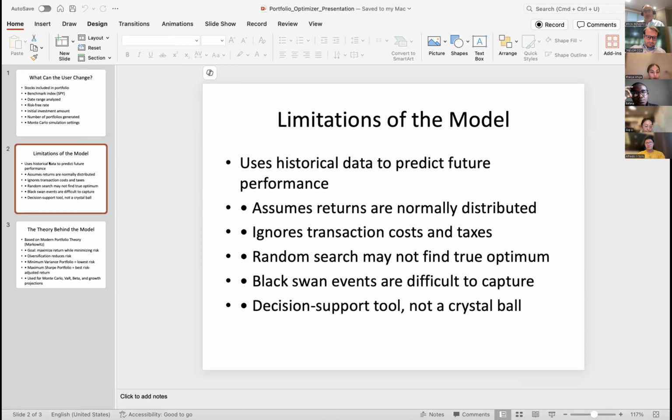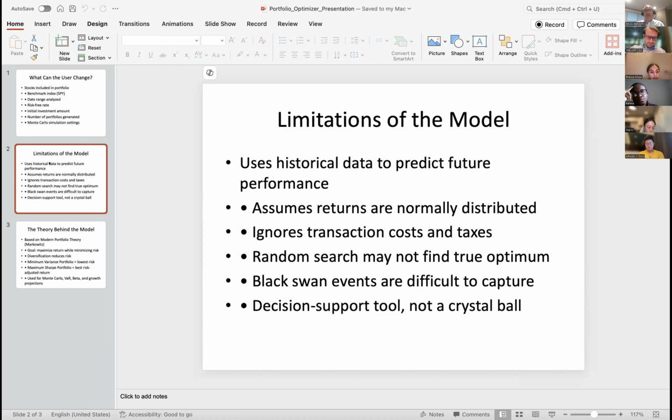Then the model also assumes that returns are stable, and it uses the mean and standard deviation. But real stock returns can be skewed, have fat tails, and have extreme losses, which is also known as tail risk.